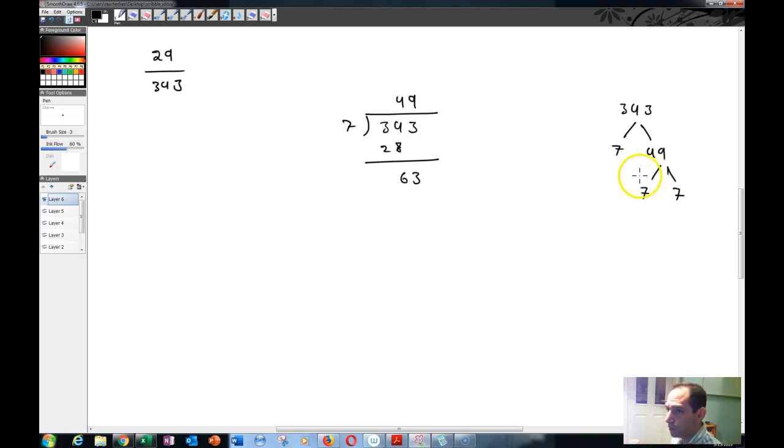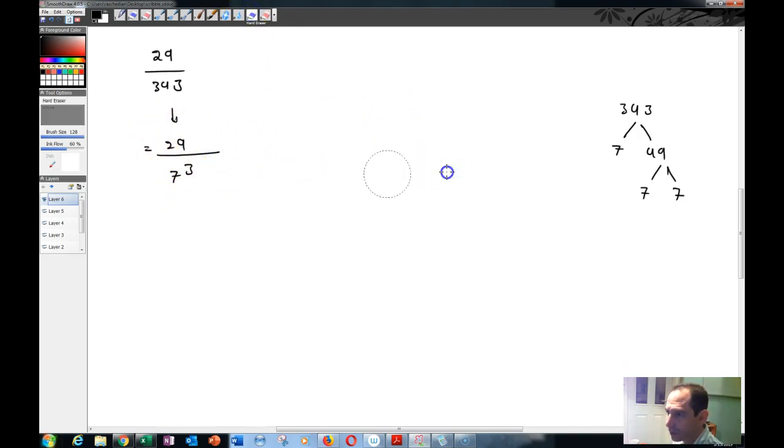So you have 7 cubed in the denominator, so you can write this as 29 over 7 cubed. Since you have 3 factors of 7 in here, the decimal representation of this number is going to be non-terminating.